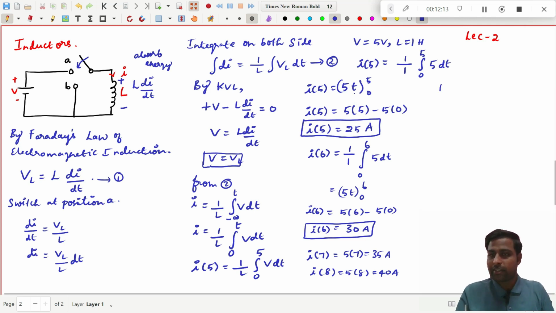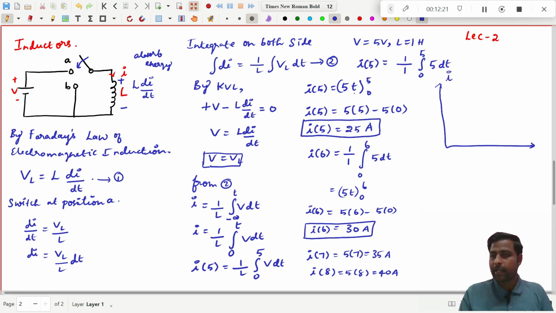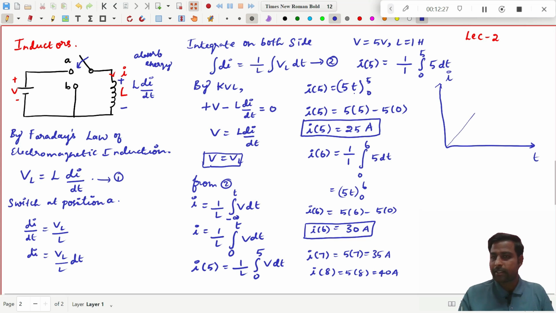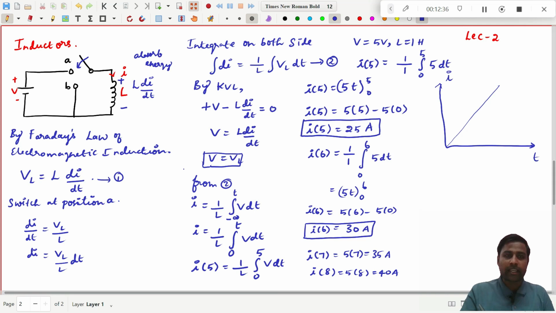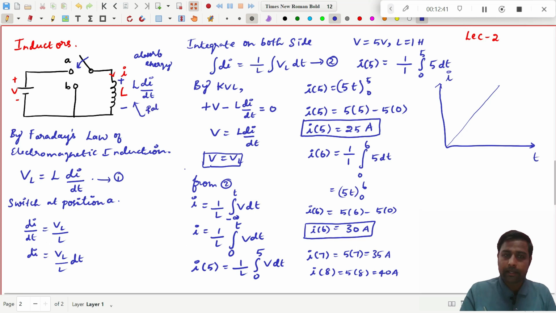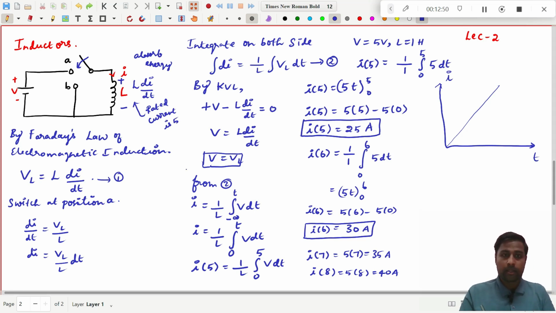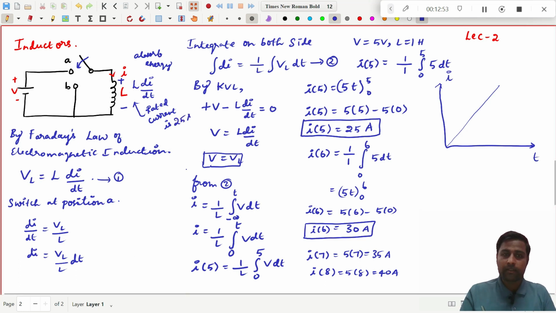I just want to draw a graph. So if this is current I in the inductor and this is time, what happens here? The current is increasing with respect to time. And what is the limit of this current? Let us consider this inductor's rated current is 25 amperes.